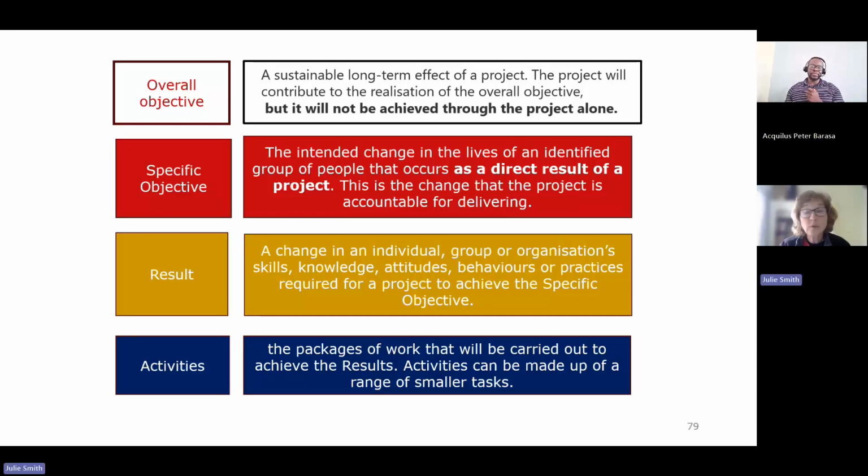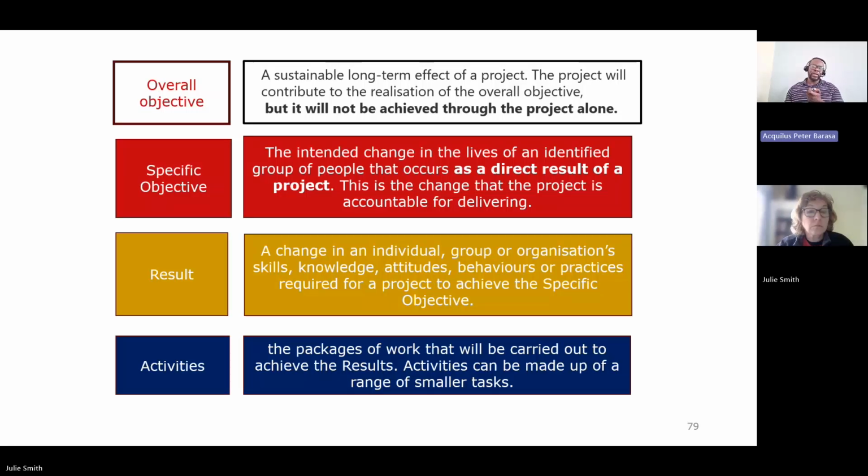Okay, and then results. Results are the change in an individual's, a group's, or an organization's skills, knowledge, attitudes, and practices that is needed in order to achieve that specific objective. And we also have activities, which describe the packages of work that will be carried out to achieve the results.